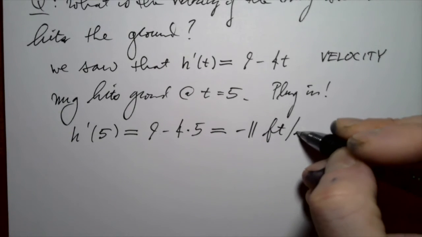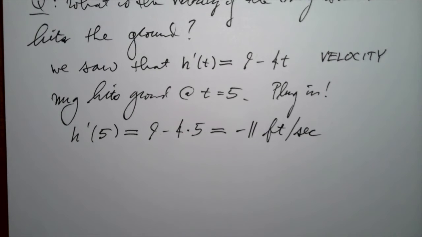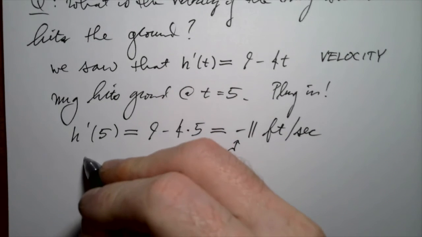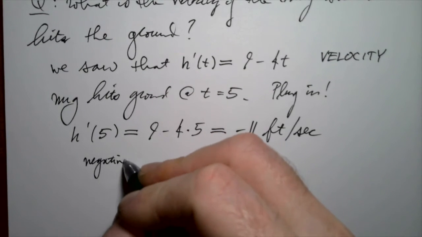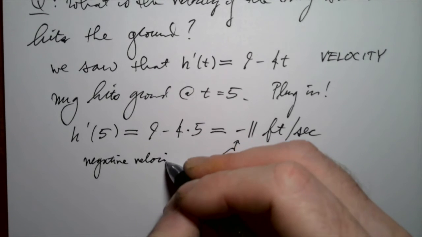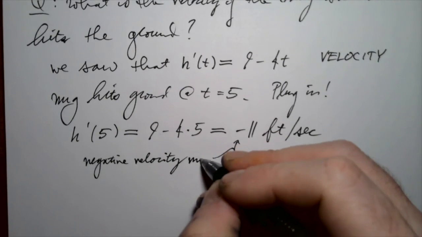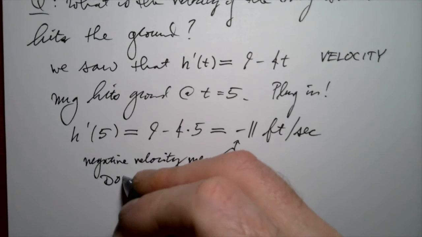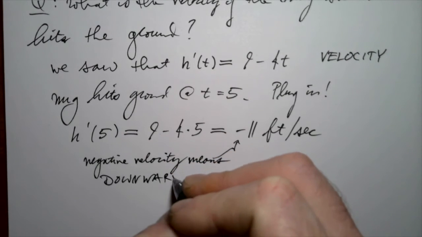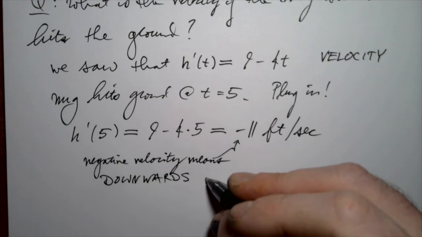Remember, our units are feet per second. So that's saying that the mug hits the ground at a speed of 11 feet per second. Why is it negative? That's just showing that it's moving in the downward direction. Negative velocity in this case, because of the way we set up the problem, just corresponds to the downwards direction, towards the ground.